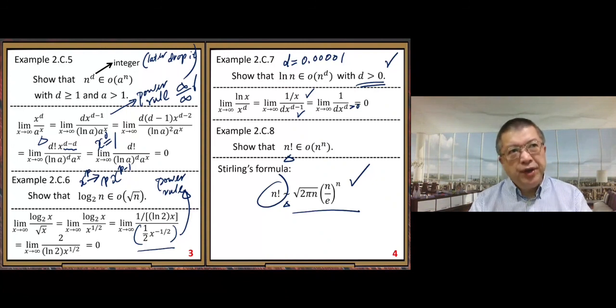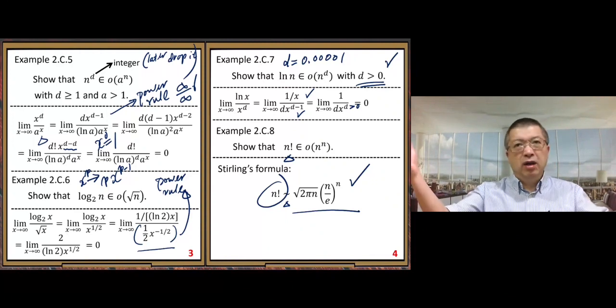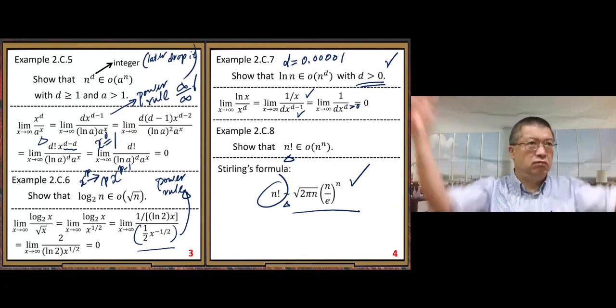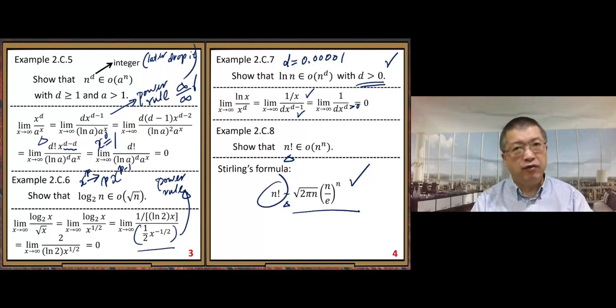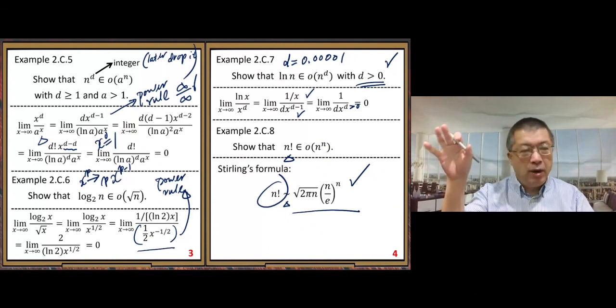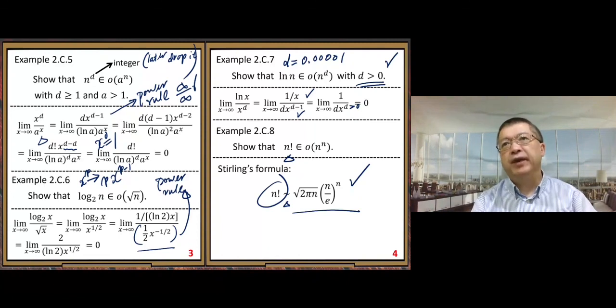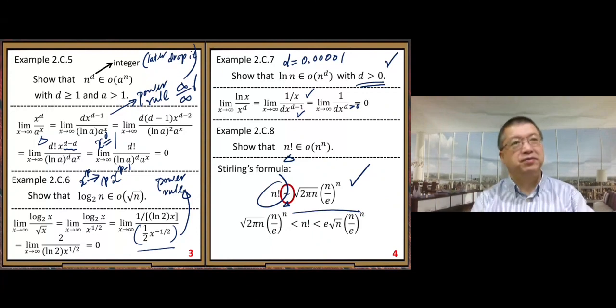But this approximation sign, we feel is not quite convenient to use when we want to prove by definition with an upper bound and lower bound, because this approximation does not tell us the upper bound or lower bound, right? We don't have that information. So we need another version of the Stirling formula with upper bound and lower bound, specifically. Okay, this version we can use.